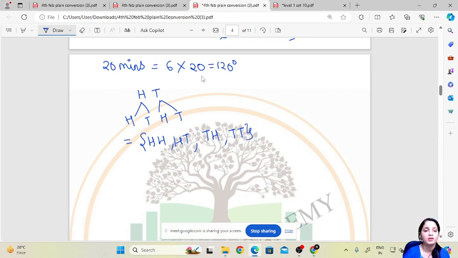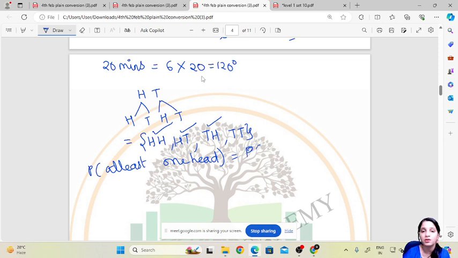Now they have asked for P of getting at least one head. At least one head means one head should be there. So in HH, one head is there, in HT one head is there, and in TH also one head is there. So it is 3.